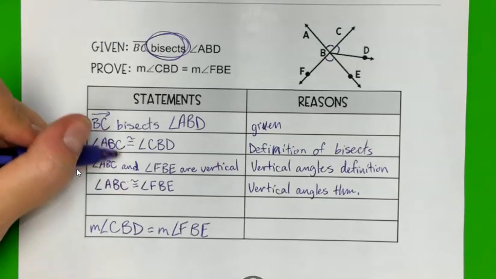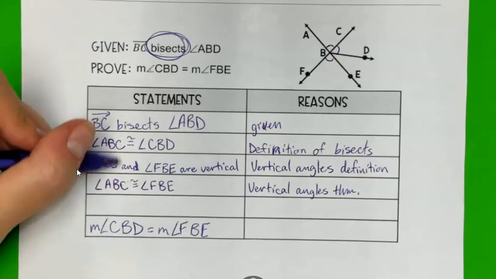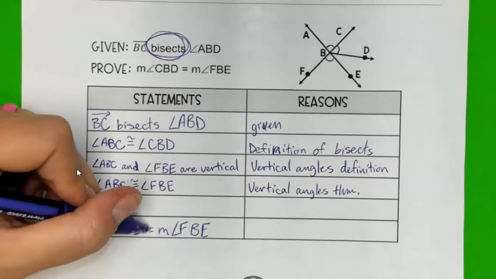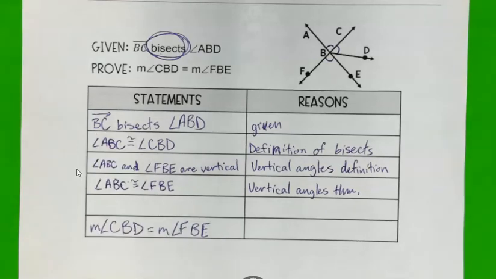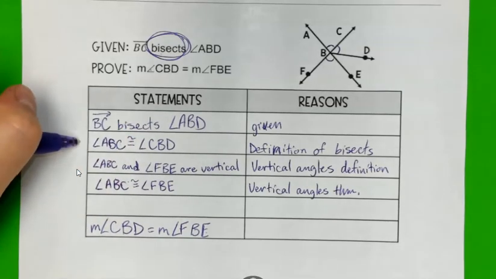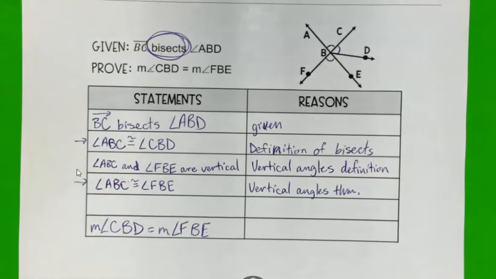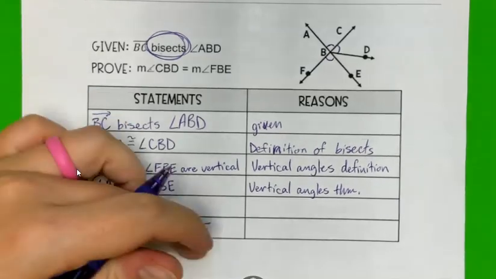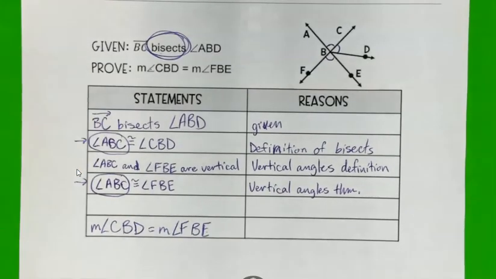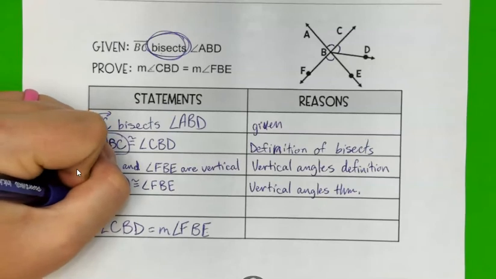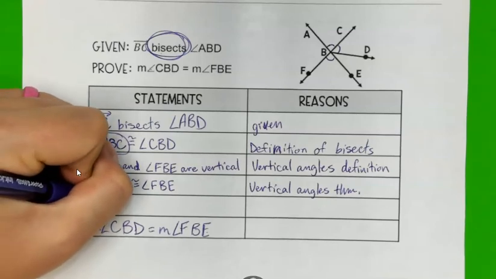Now, if you look from here and here, our end goal is to figure out that CBD is equal to FBE. Well, if you look at step 2 and step 4, you will realize that both of these angles that we're looking for are equal to the same thing. So this is where that transitive property comes in, of two things that are equal to the same thing.